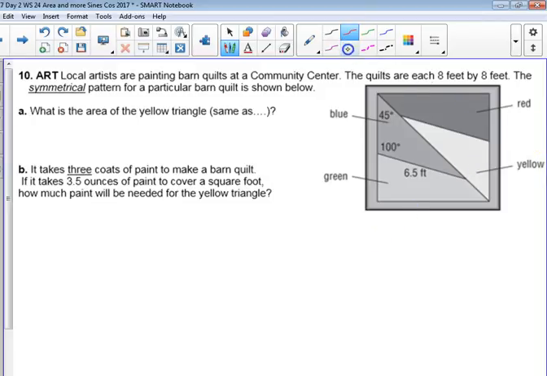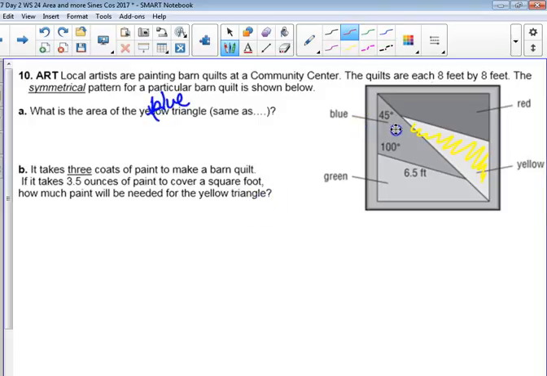Do we have any information about the yellow? It's symmetrical, so it's exactly the same size and shape as which piece? The blue. Everybody okay? Symmetrical means like we could turn it and flip it and whatever, and it would match up with the blue. So basically, if we can find the area of the blue, we'll have the area of the yellow. Does that sound like a plan that I won't have to redraw it?